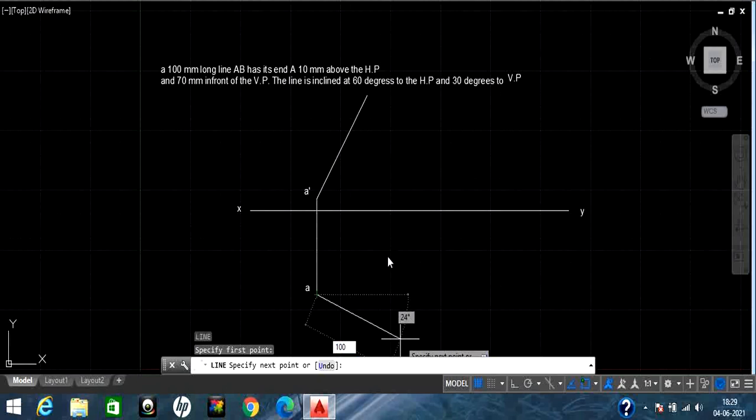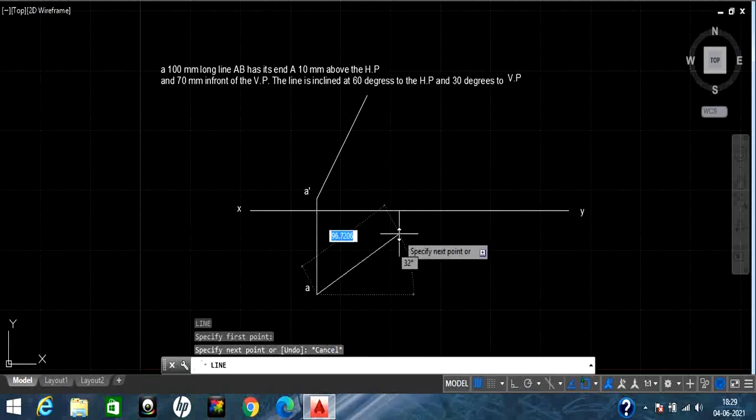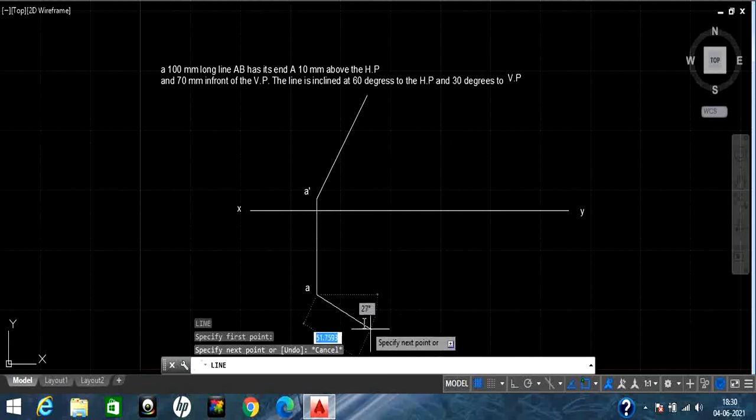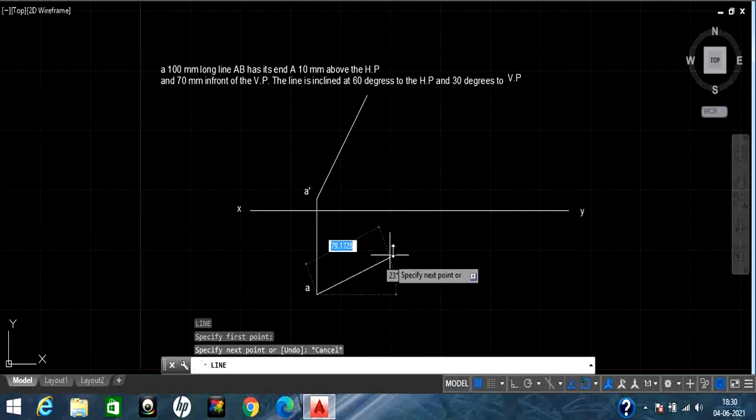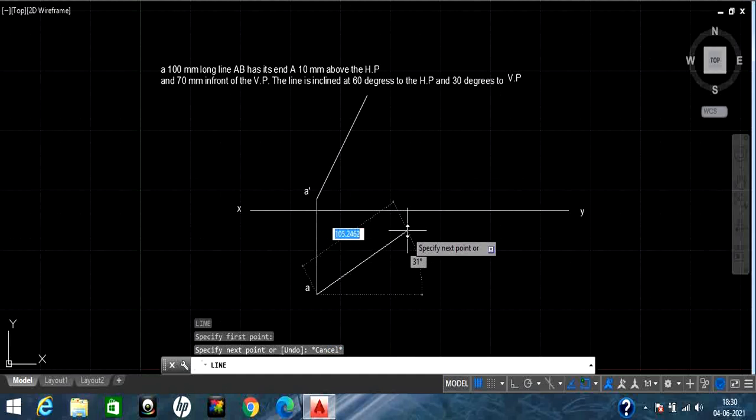This is a very important point. Theta plus phi equals 90. In that case, take this inclined line in the upward direction like this. Don't take it in the downward direction. This is for theta plus phi less than 90, and this is for theta plus phi equal to 90. This is very important.